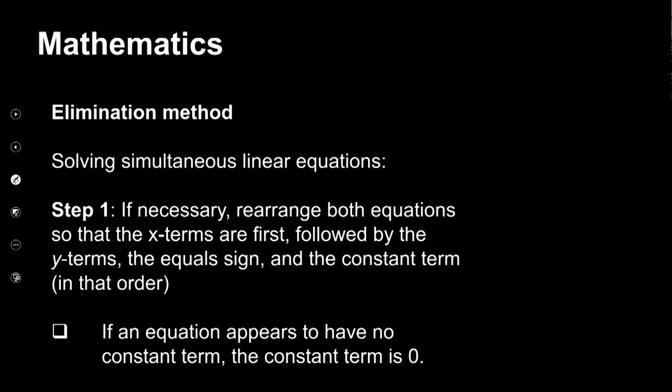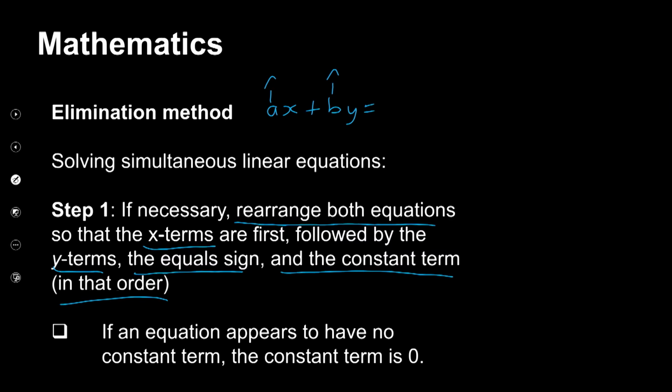The steps to do this: the very first step, whenever necessary, is to rearrange both equations so that the x terms are first, followed by the y terms, and the equal sign, then our constant. Please try to do it in this order most of the time. So it must be ax, where a is a constant value, plus by, where b is a constant value, equals c, which is another constant value.